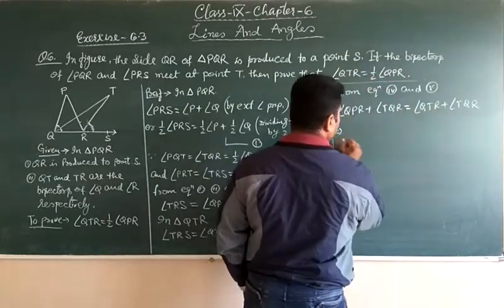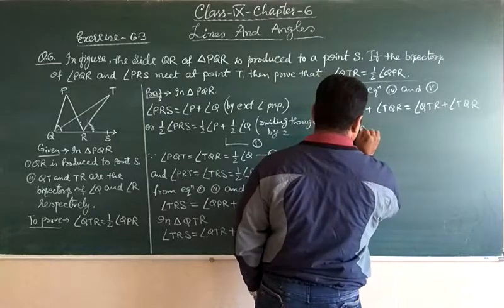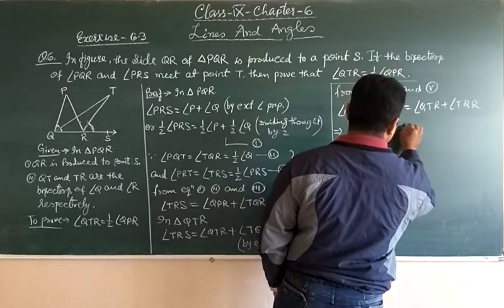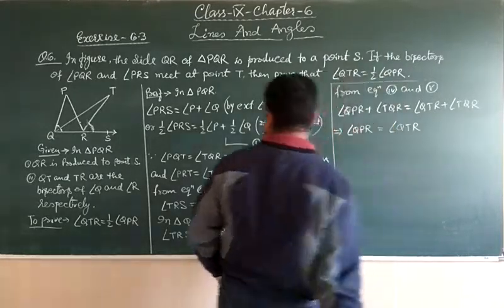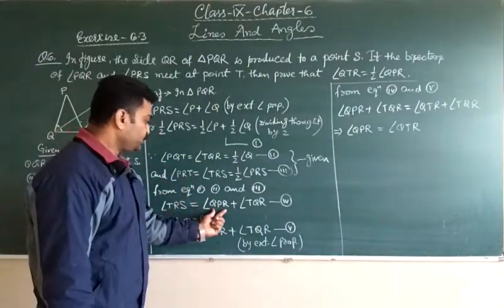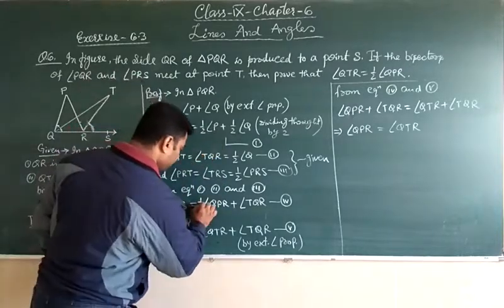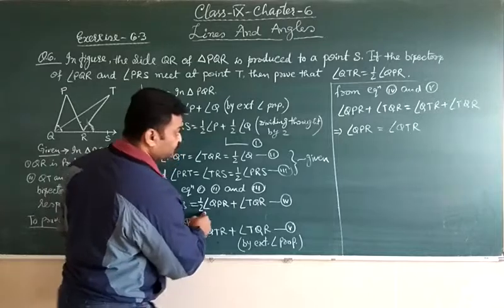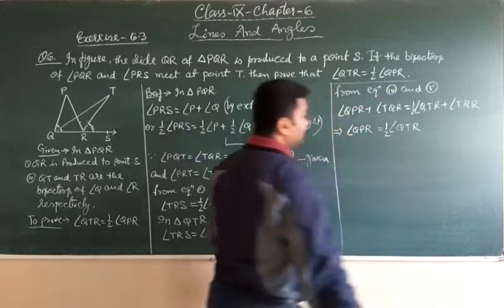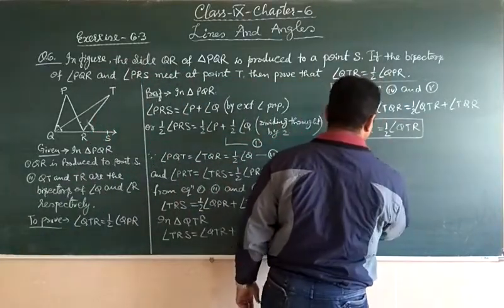So this implies angle QPR is equal to angle QTR. See, here in place of QPR we have written P, and 1/2 we missed. So here 1/2 also, here also 1/2. So we will write 1/2 of angle QPR equals angle QTR. So this is proved.